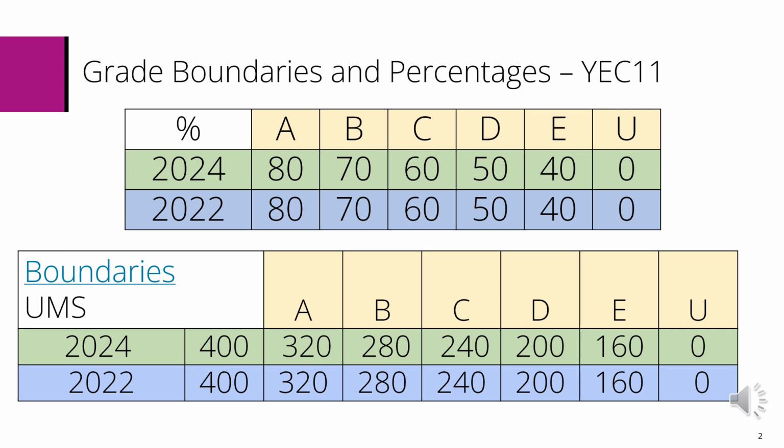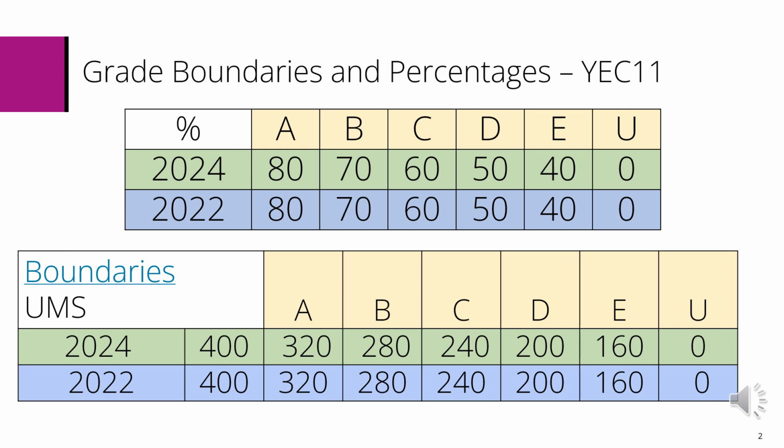Due to this being the new specification and the effects of COVID, the first June sitting of this A-level specification was June 2022, hence this comparison. The grade boundary marks in the second table are actually given in UMS.